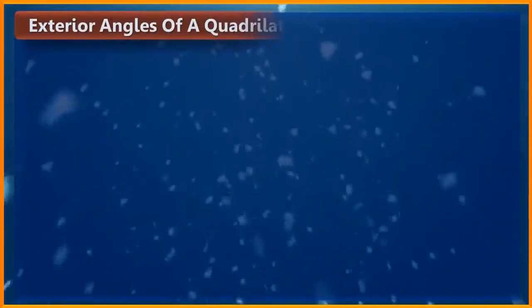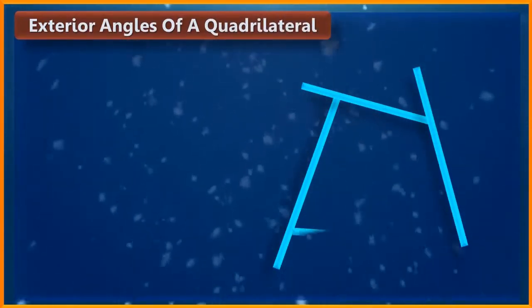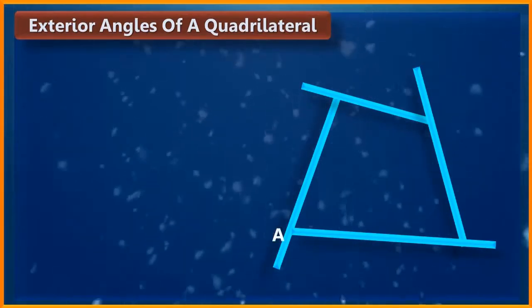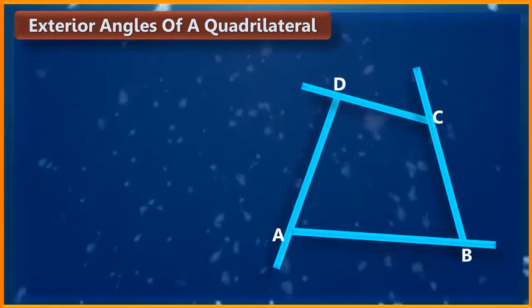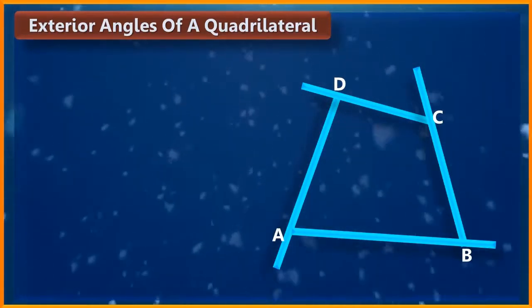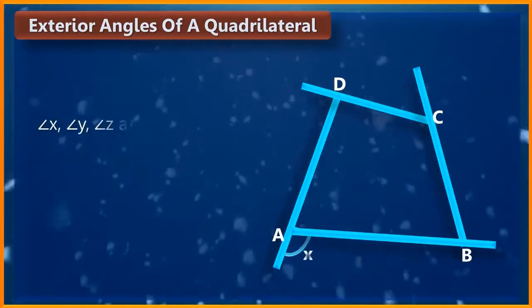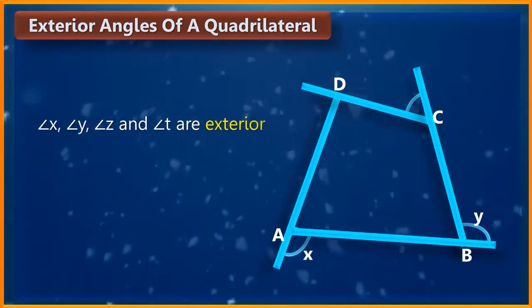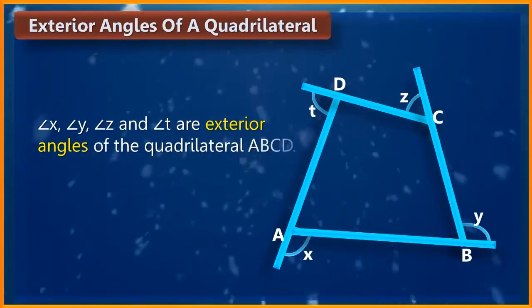Exterior angles of a quadrilateral. If the sides of a quadrilateral are produced in an order, then the angles which are formed outside the region of the quadrilateral are called the exterior angles of a quadrilateral. For example, angle X, angle Y, angle Z, and angle T are exterior angles of the quadrilateral ABCD.